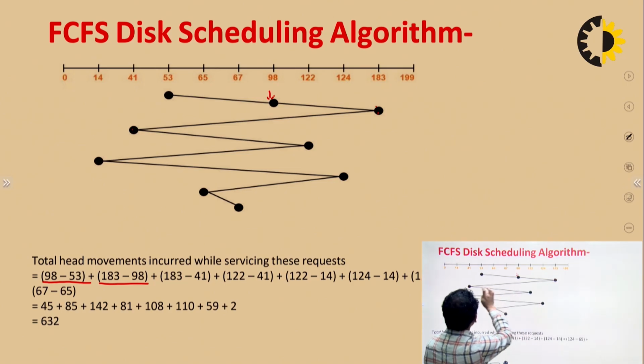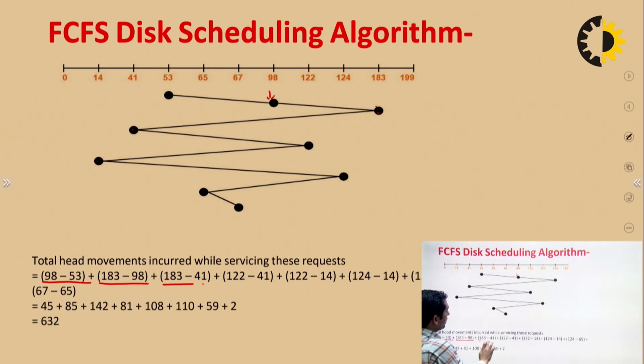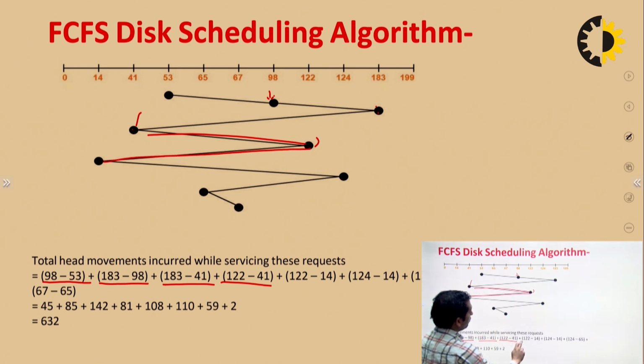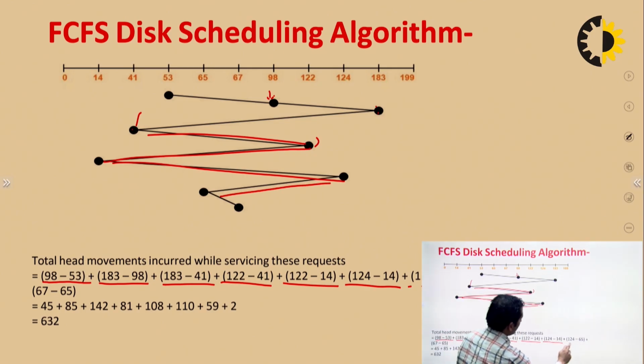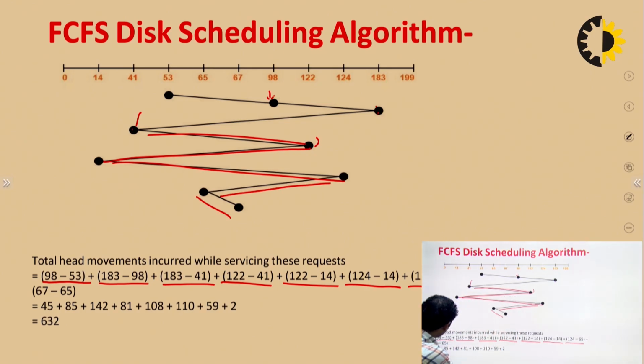Then 183 minus 41, again the difference is this one. Then 122 minus 41. Then 122 minus 14. Then add the difference 124 minus 14, and add the remaining differences.